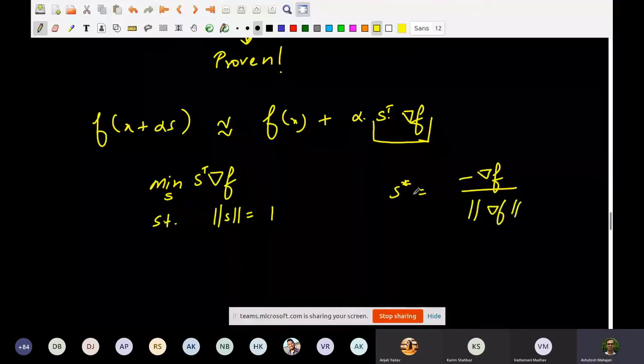So if you are talking about unit directions in which the rate of change is the highest, then you should take this.